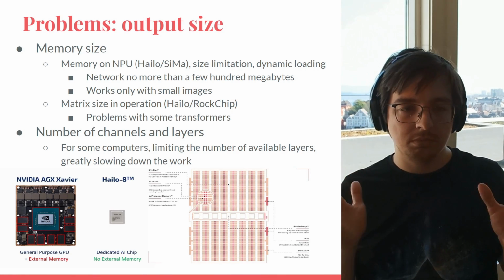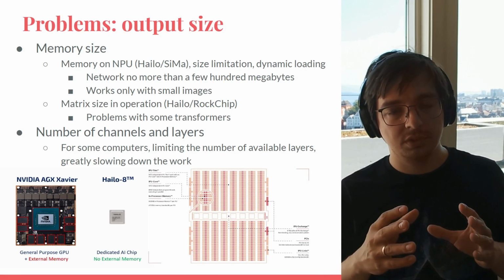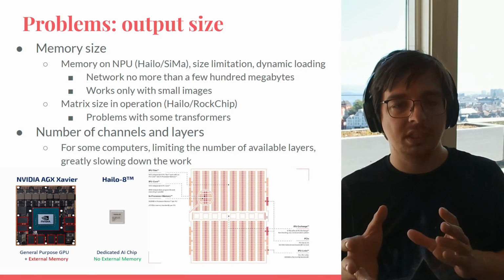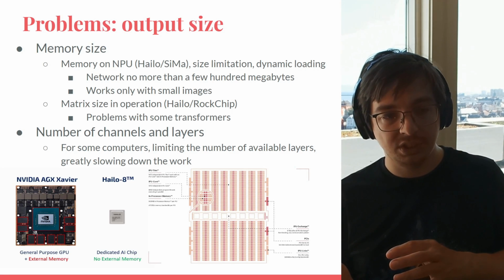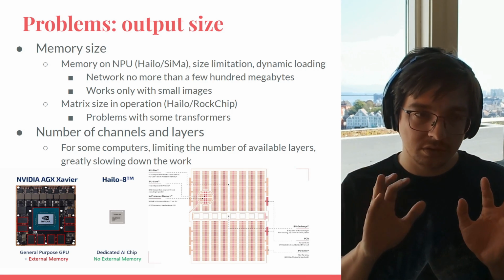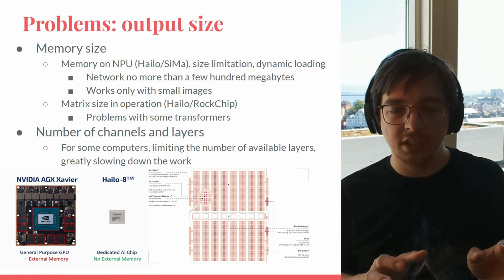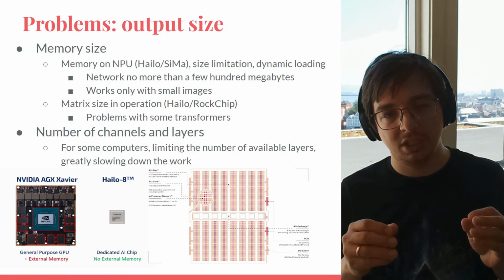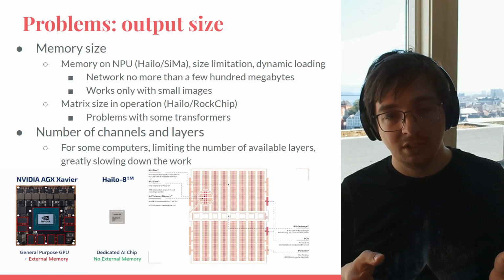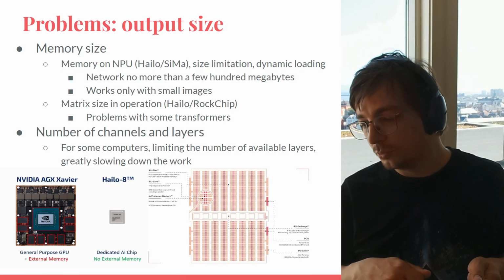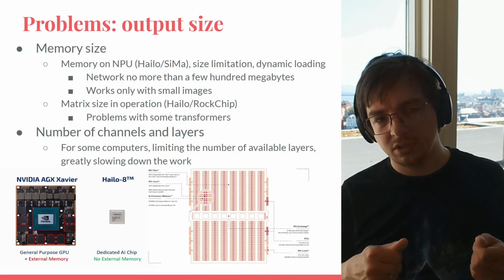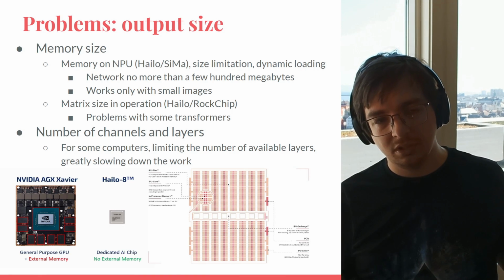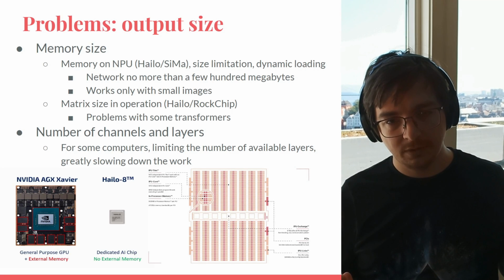So here is just a list of some problems that can be specified with memory size, and usually you find this when you start to export your model. For example, you take your model and start the export process. It looks like the model successfully exported, but it doesn't run on your specific device.